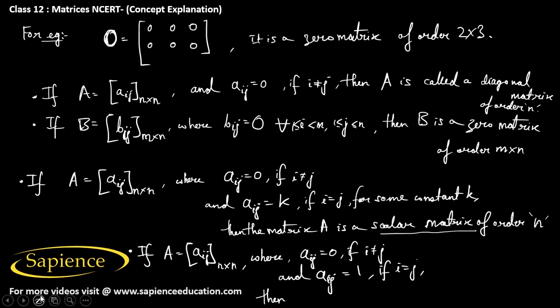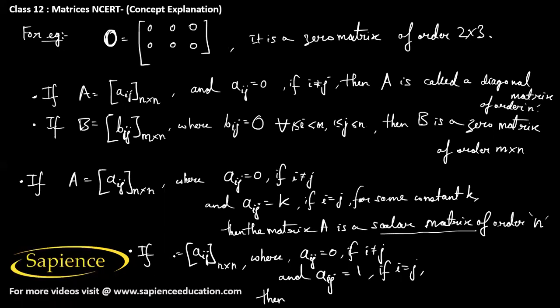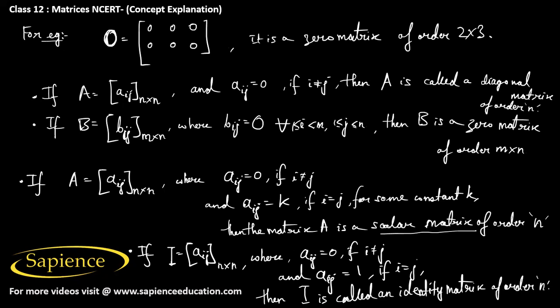We should write it as I instead of A, since an identity matrix is always represented by capital I. So I is called an identity matrix of order n. Hope you have understood the concepts. Thank you.